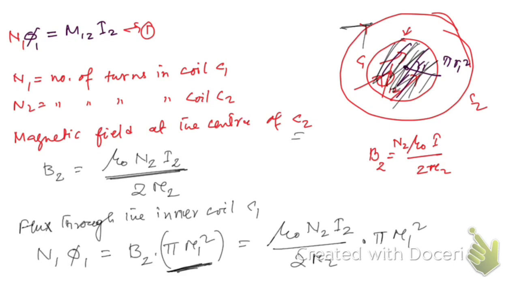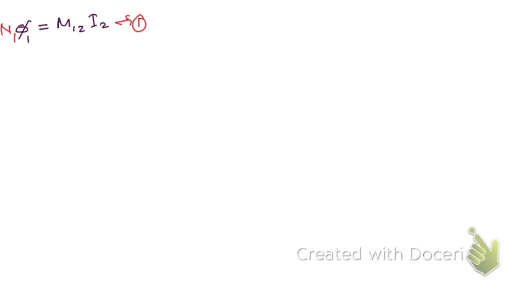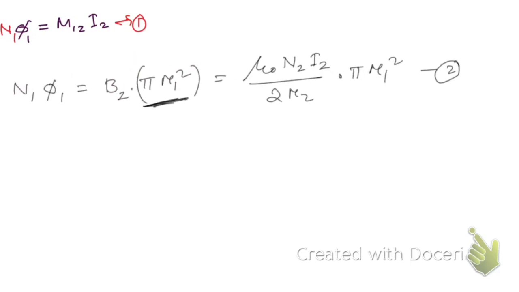Okay, now let me write the final result. So this is suppose equation number 2. From 1 and 2, what we will get? Let me copy equation number 1 and equation number 2 onto a new slide. This is equation number 1, and here is equation number 2.